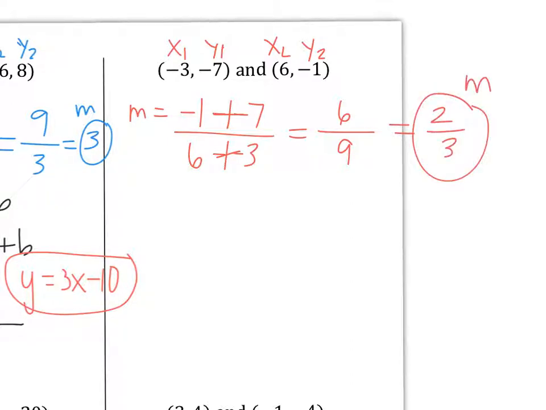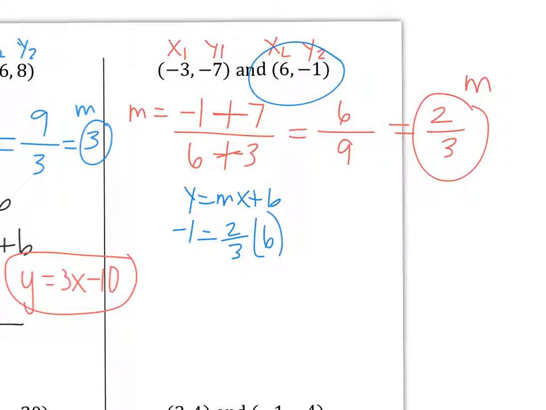And I'm going to choose the easier point, let's try the second point here, (6, -1). And so into y equals mx plus b, I'll plug in -1 for y, 2/3 for my slope, and then 6 plus b.